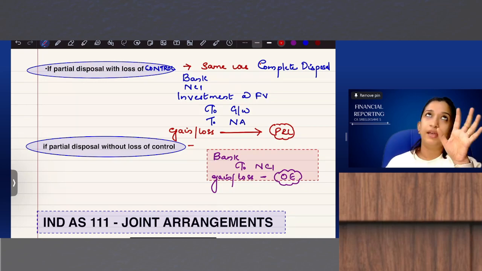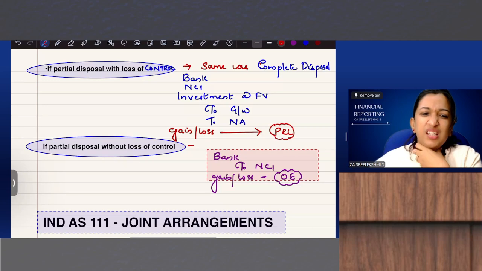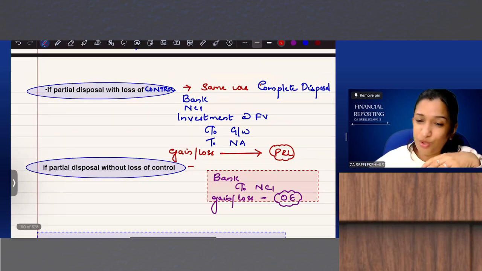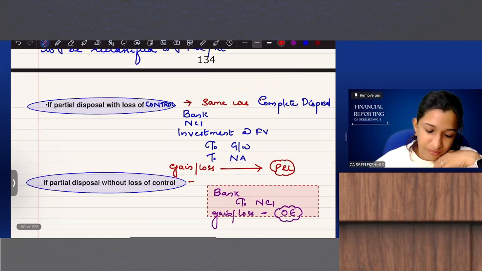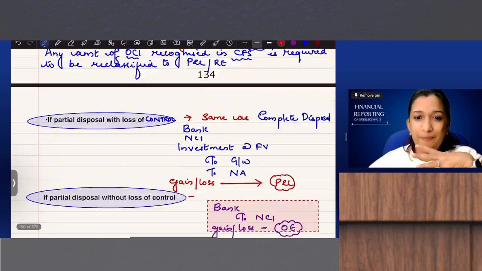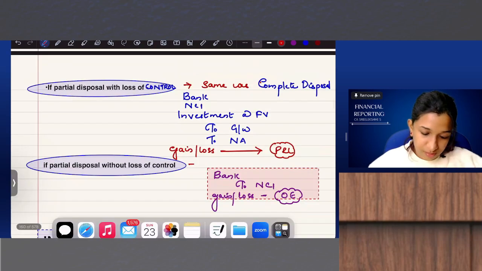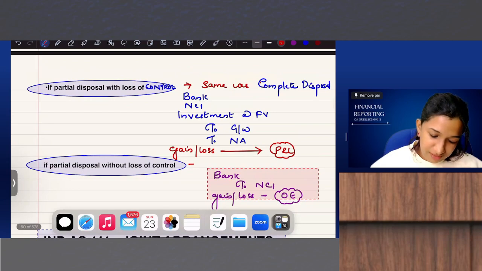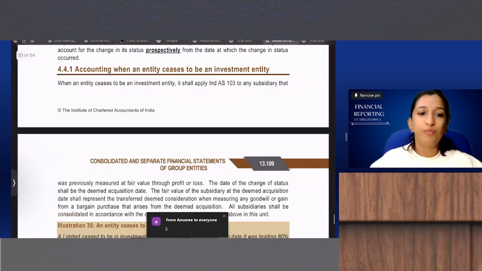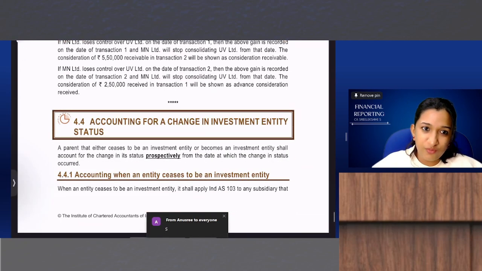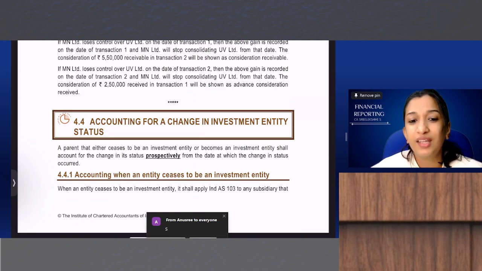Okay, understood. Now we have an associate question which I want to try. Now I want this one also. It is actually not in the book, but I want to do this one also. Accounting for change in investment entity. Did you study anything with regard to investment entity? What is an investment entity?